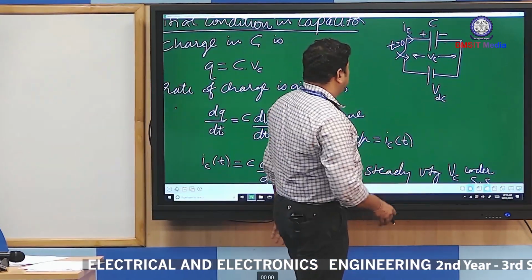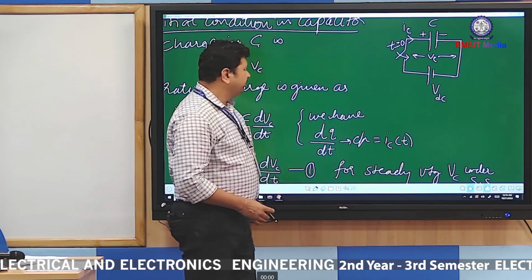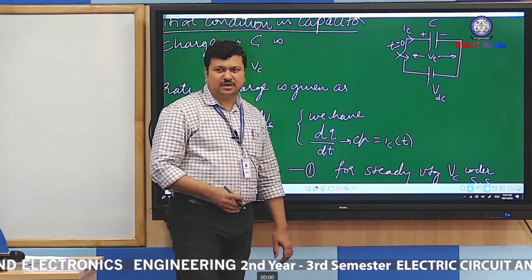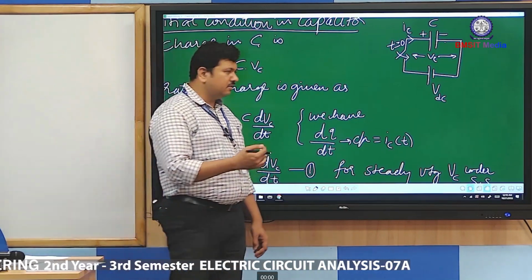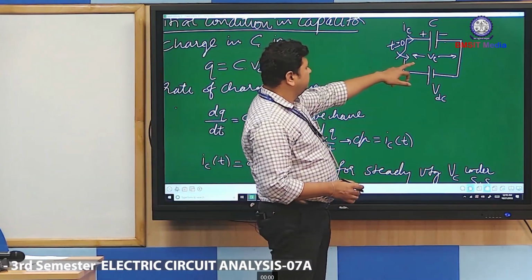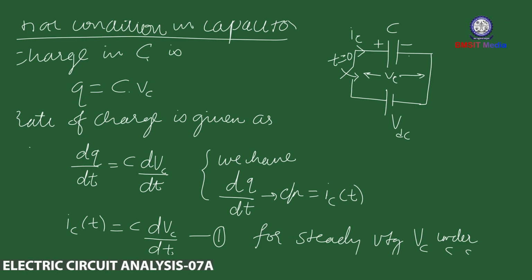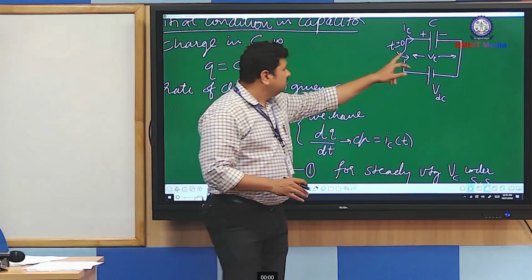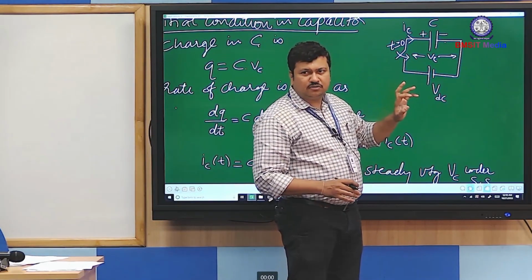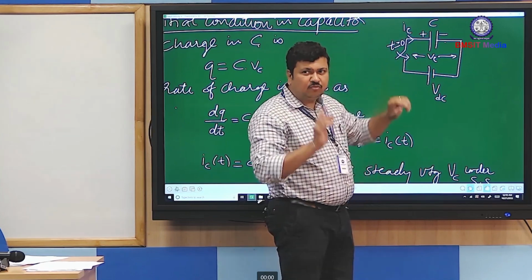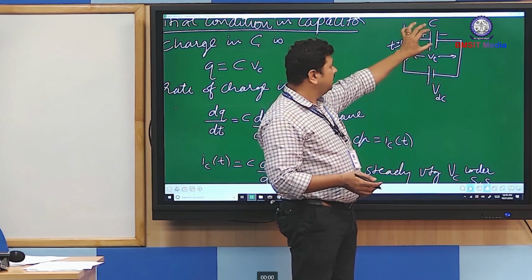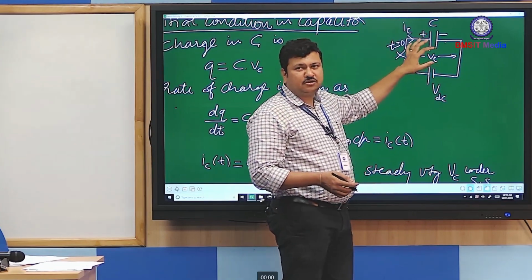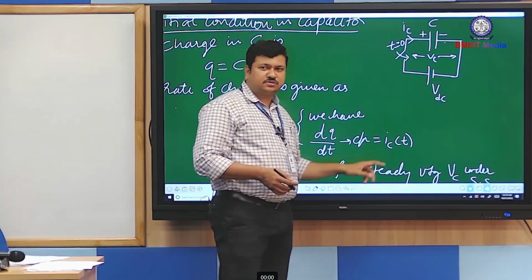Now, for t equal to 0 plus, immediately after the switching, or during switching or before the switching. Before switching means the switch is not yet closed and the capacitor is carrying some voltage V0. So without application of any other source, there is some voltage existing, which means the capacitor is acting like a voltage source.